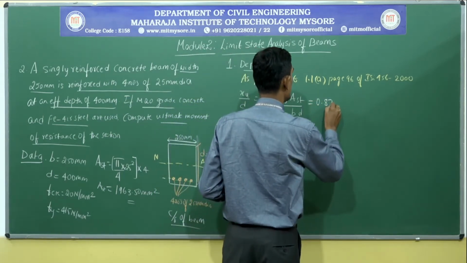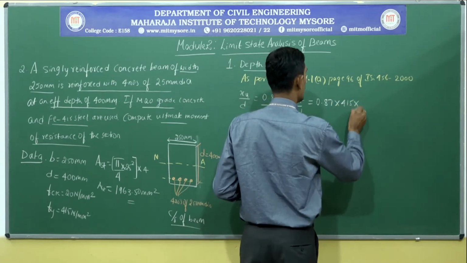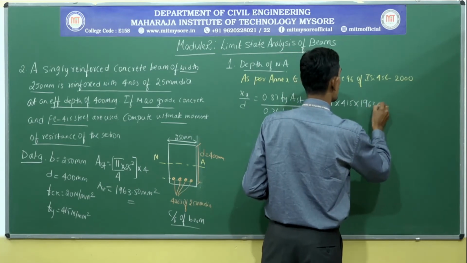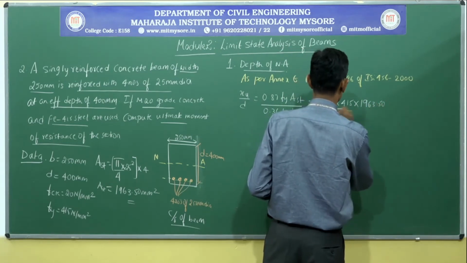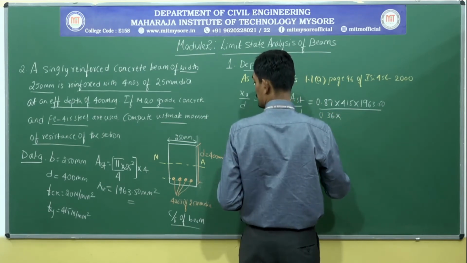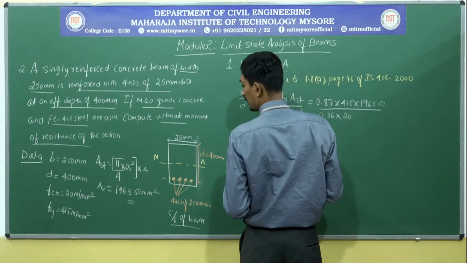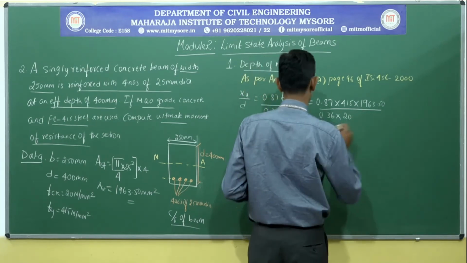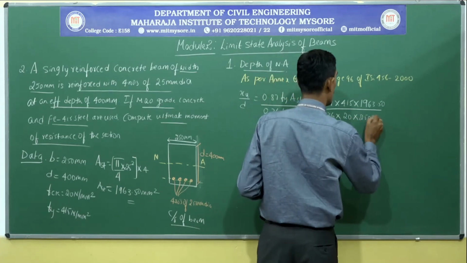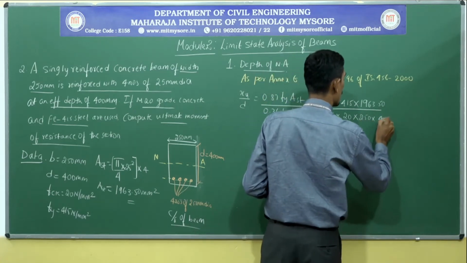So 0.87 and fy will be 415 into Ast 1963.50 divided by 0.36 into fck value. Please be careful while substituting. Check once. It is grade of concrete 20 into the width of the beam 250 into small d, that is effective depth 400.